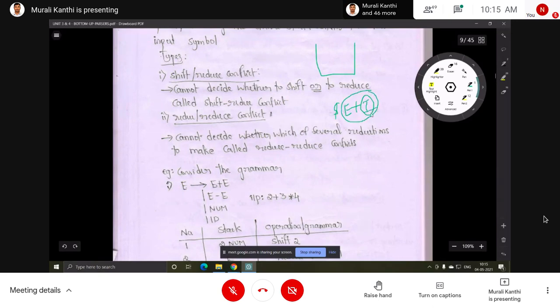T can be reduced, and E plus T can also be reduced. This is one possibility of reduction, and this is another one, E plus T. Which one? Either this one symbol can be reduced or this entire thing can be reduced. That is a problem. So we cannot decide exactly. That is a problem with the shift reduce parser.